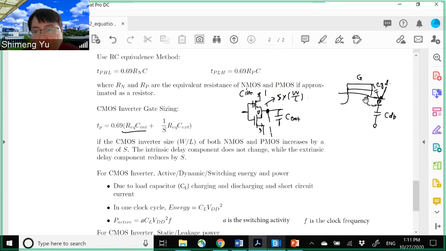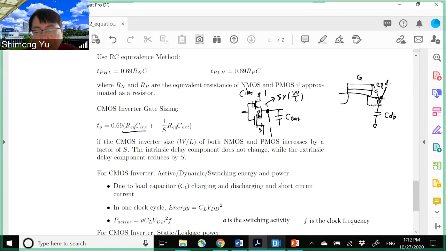Those are intrinsic to this transistor structure. But the point is that those capacitances are proportional to the width W of those transistors. As you increase the W, those capacitances will increase in proportion to this S factor. So this is intrinsic to this structure.